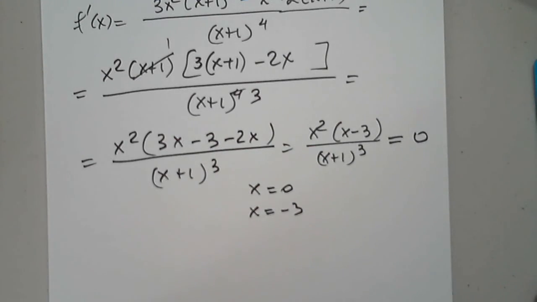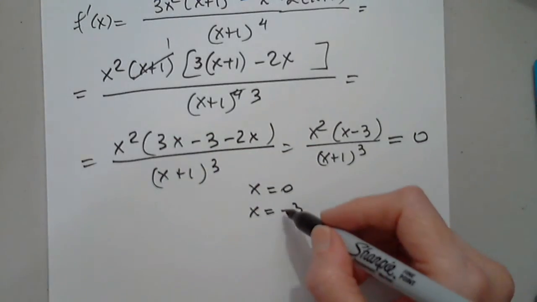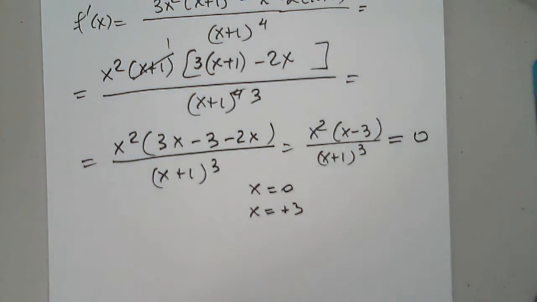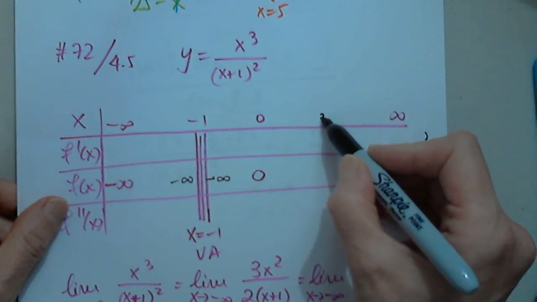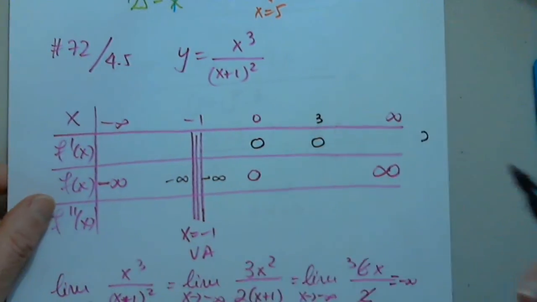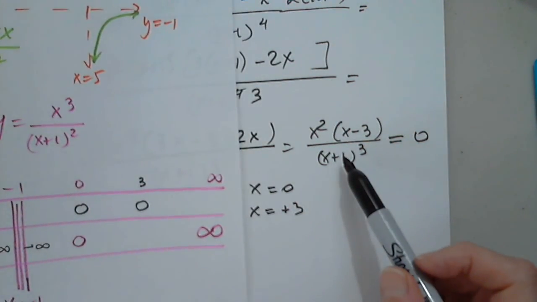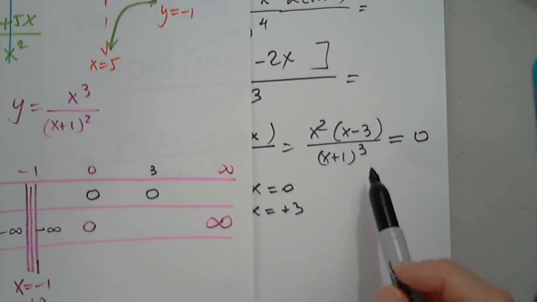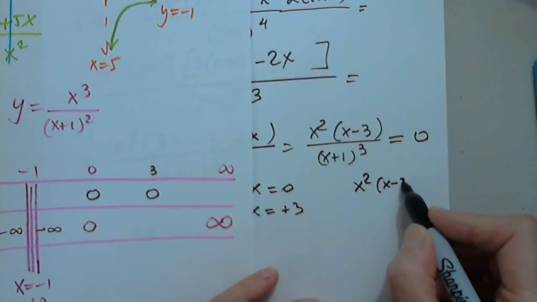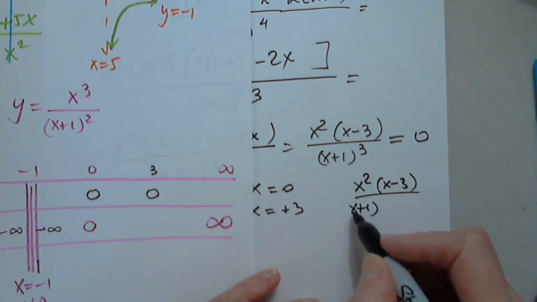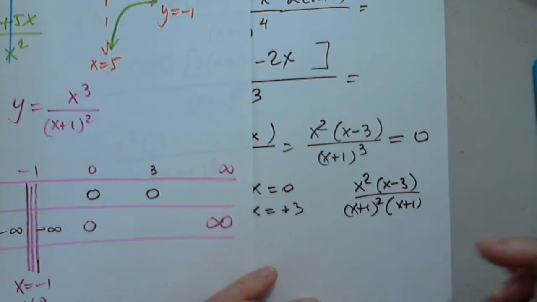Back to my table. 0 and negative 3. One more time, just making sure. Yes, so I need a sign. So for the purpose of the sign, remember this is x squared, x plus 3 over x plus 1 squared, x plus 1.